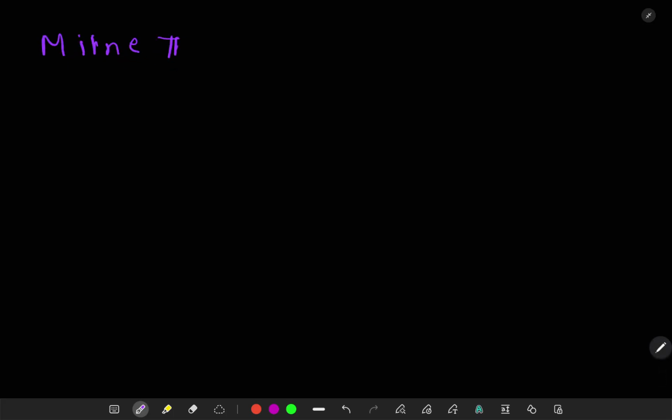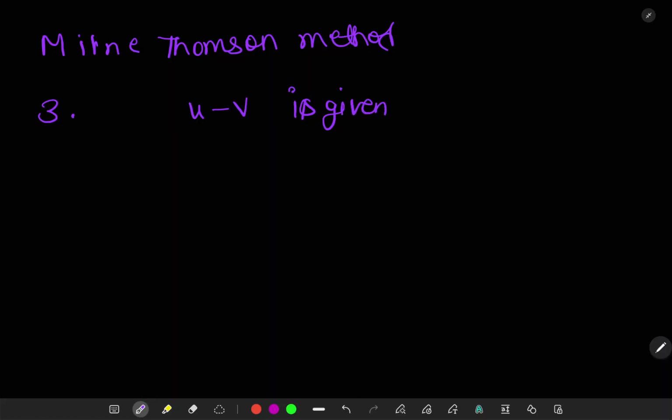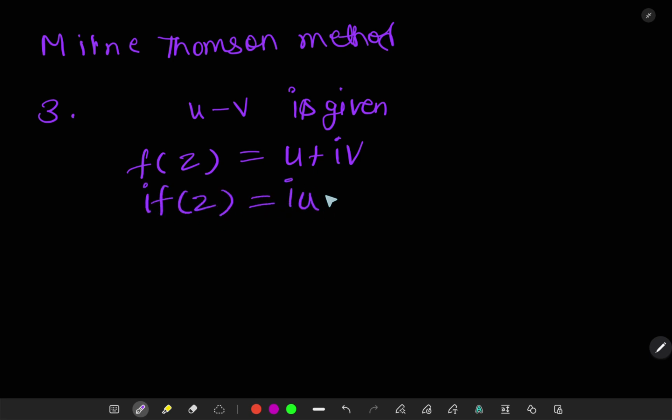Now Milne Thomson method, case third. When u minus v is given, then f of z is equal to u plus iota v, and multiply both sides by iota, we get this value. This is the first equation and this is the second.